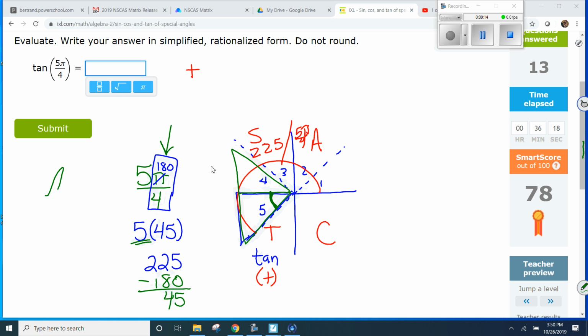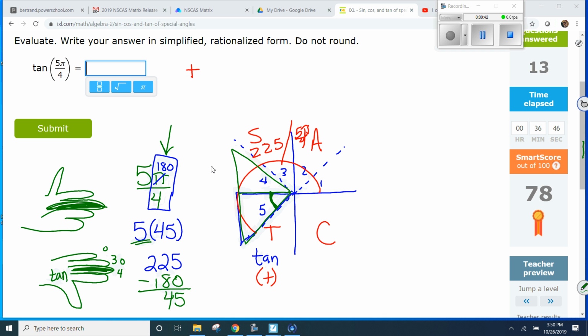So the tangent of 45 degrees: your thumb, your pointer, your middle finger, your ring finger, and your pinky. 45 degrees is going to be that middle finger. Then you flip your hand over for tangent, so you have your pinky, your ring finger, your middle finger, your pointer finger, and then your thumb. You'd already folded down that middle finger because you're at 0, 30, 45, 60, and that thumb's always 90.